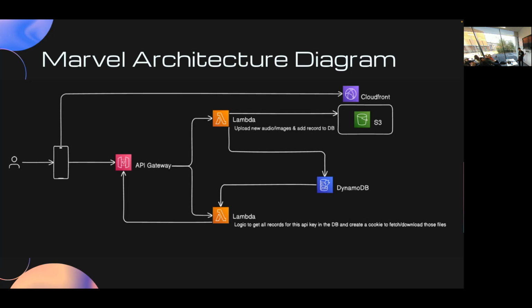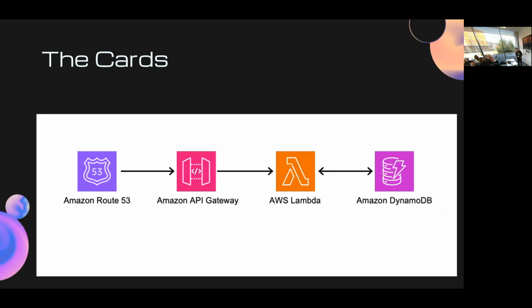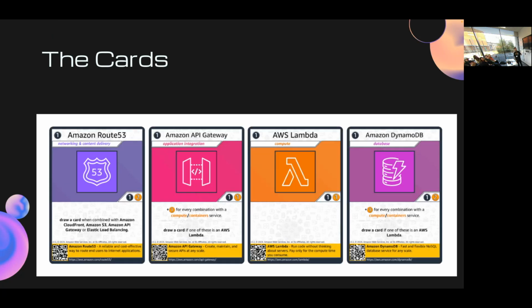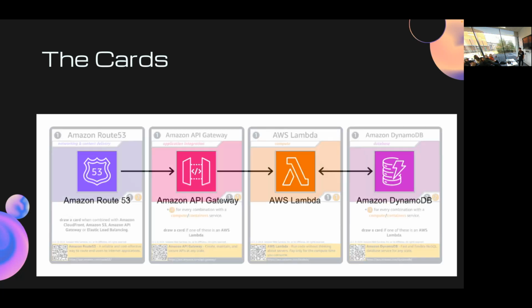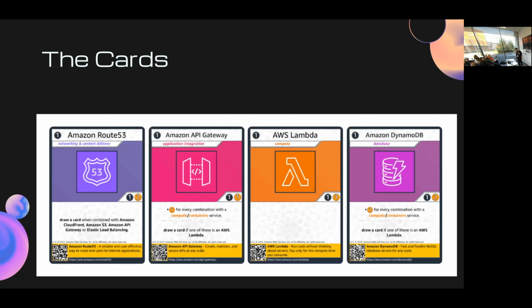So I'll show you what some of these AWS BuilderCards look like. Hopefully this works. So these are what the services look like, and then it shows you the services as cards. For instance, we'll have the AWS Lambda, and in the Marvel architecture, it shows up here as a card, highlighting its role in the system.